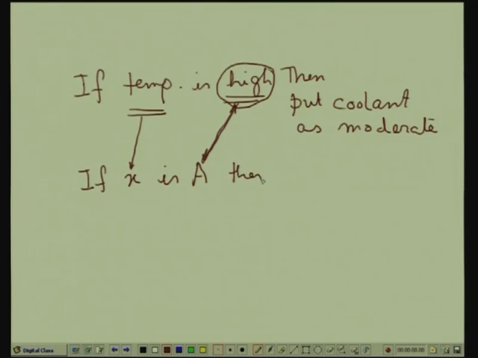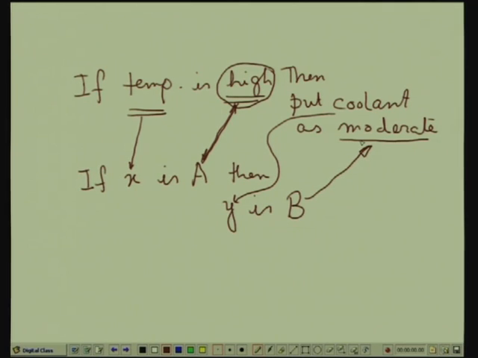Then y is B. Y is the variable coolant and B is again the fuzzy set moderate. So, this is a fuzzy set, this is another fuzzy set. So, fuzzy rules can be generalized in this way: if x is A, then y is B.